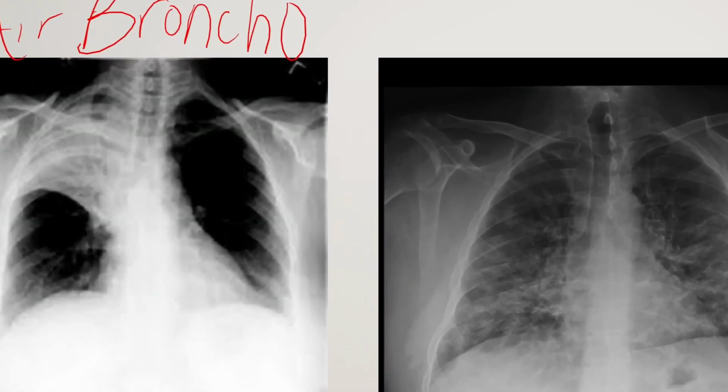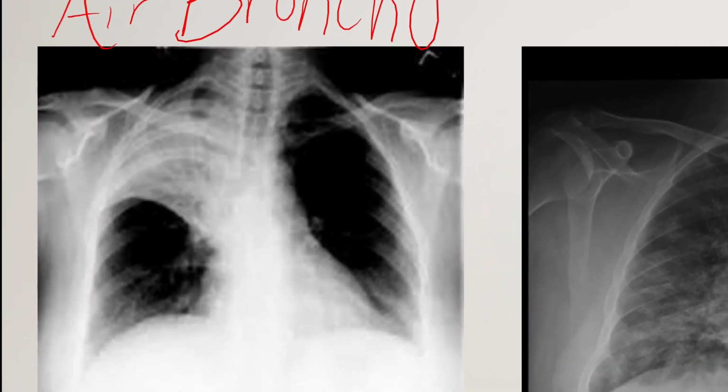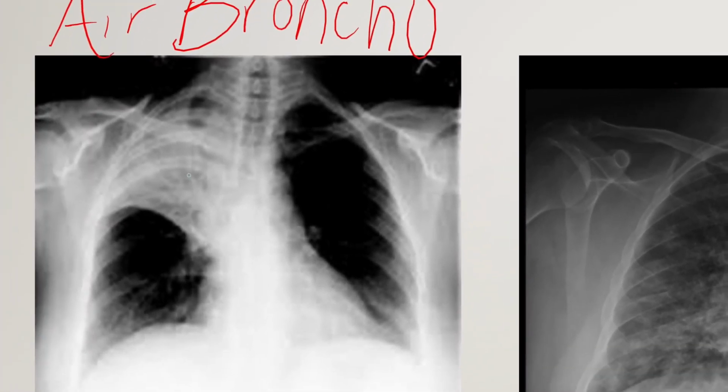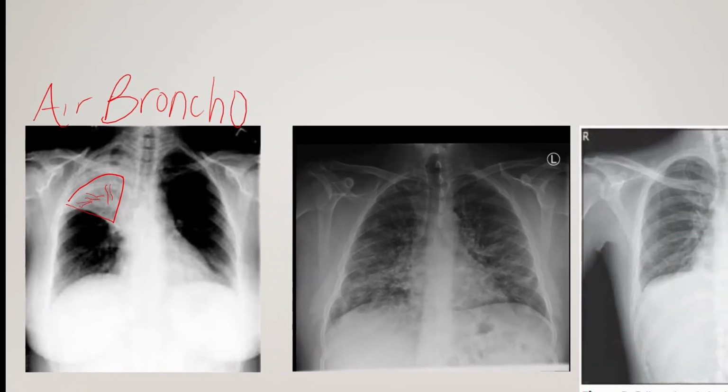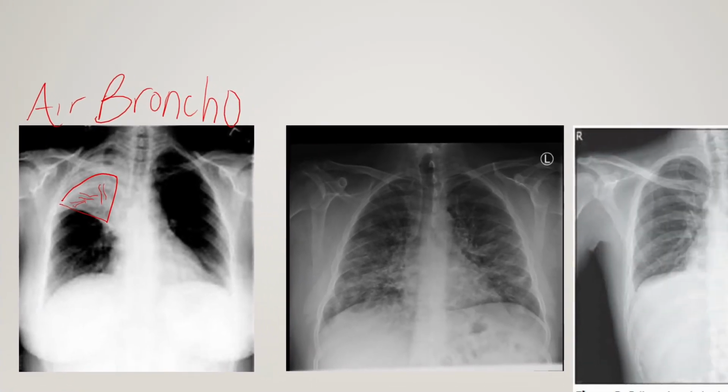As I was saying, if it is lobar pneumonia, you'll find these patent airways, as you can see here. There are these radiolucent patent airways, and you can tell it's lobar pneumonia here because of this triangular pathology.